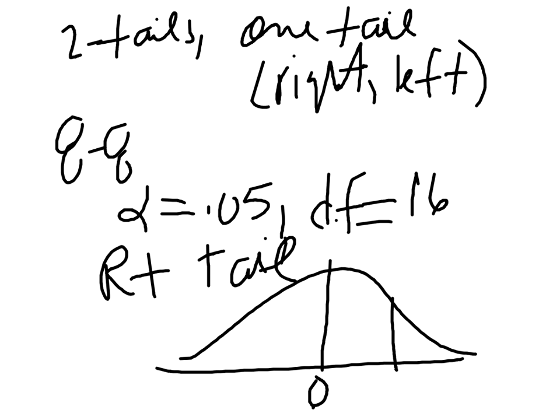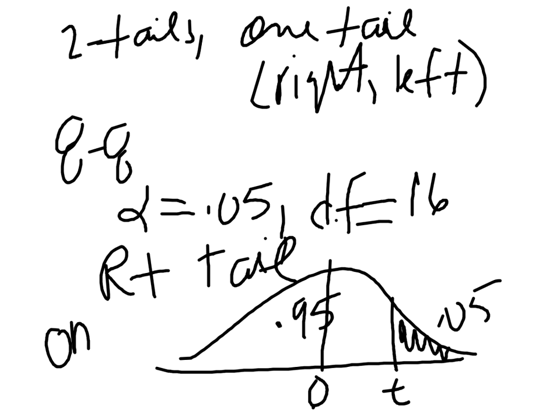We know we've got 5% here and 95% here, and we know that we need a critical t-value here at alpha equals 0.05 and degrees of freedom 16 for a right-tailed test. And a right tail, of course, is just one tail.